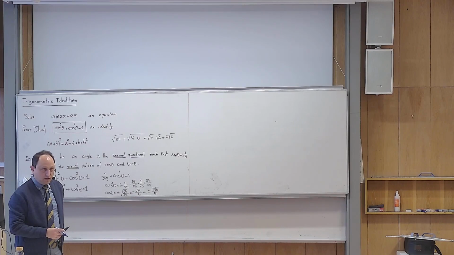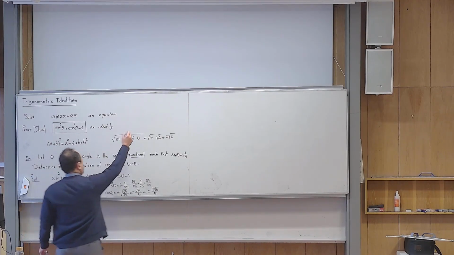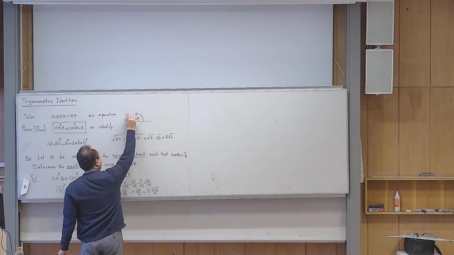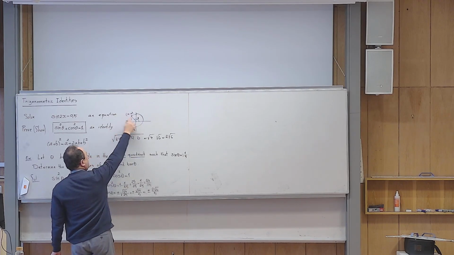It is negative, because cosine is the x coordinate. If you have the unit circle and an angle in the second quadrant, you immediately see that the x coordinate is negative. So the x coordinate is cosine.